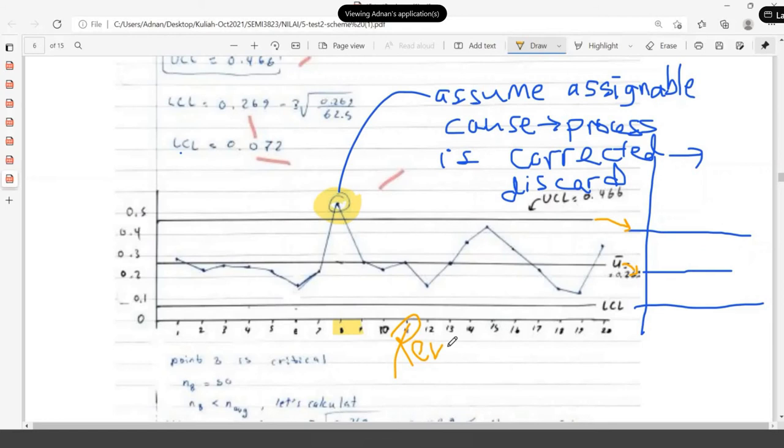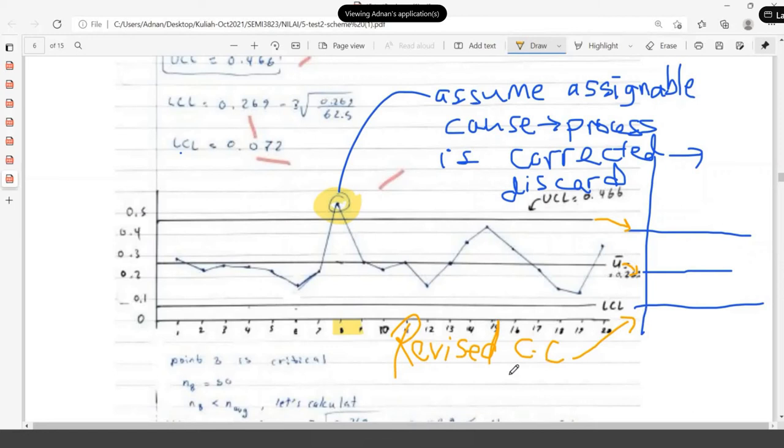Okay, dia agak macam terbalik sikit lah. Before that, you collect all the data, and then you produce control limit, control chart. But now the revised control chart, okay, this macam revise ni kan. Where is the data? There is no data yet.